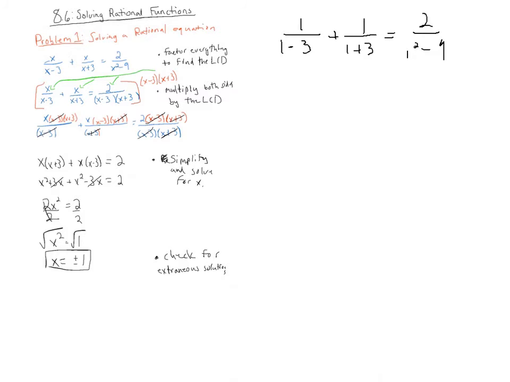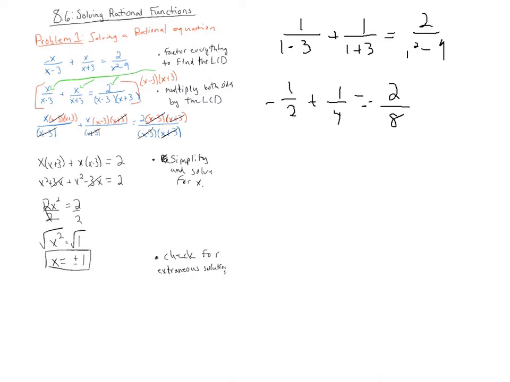Alright, so we would have 1 over negative 2, so that's a negative 1/2, plus 1 over 4 is equal to 2 over 1 minus 9, that'd be negative 2 over 8, or a negative 1/4.